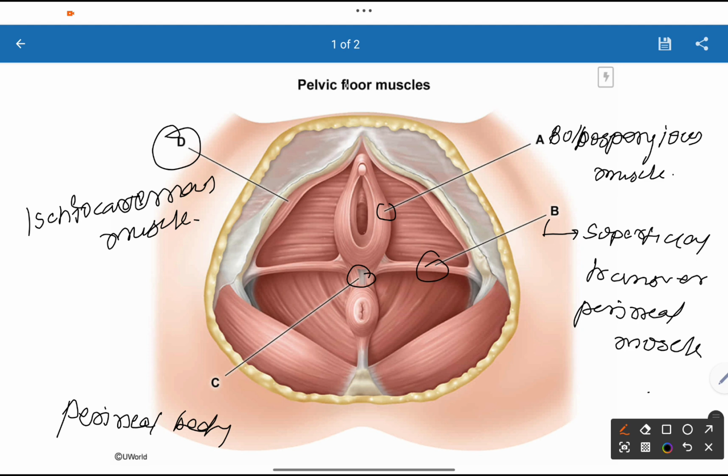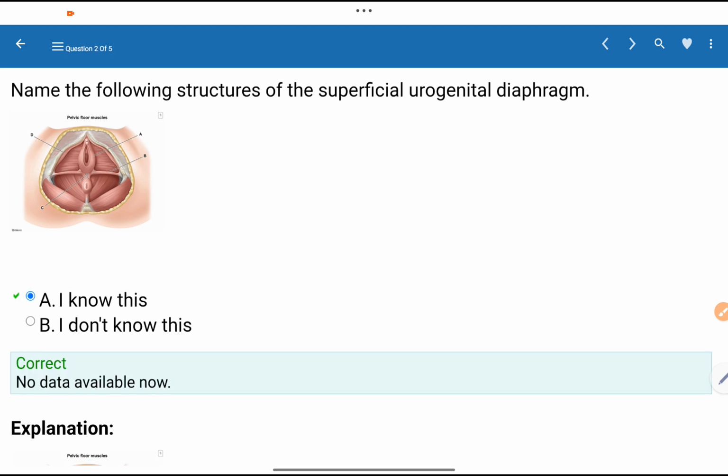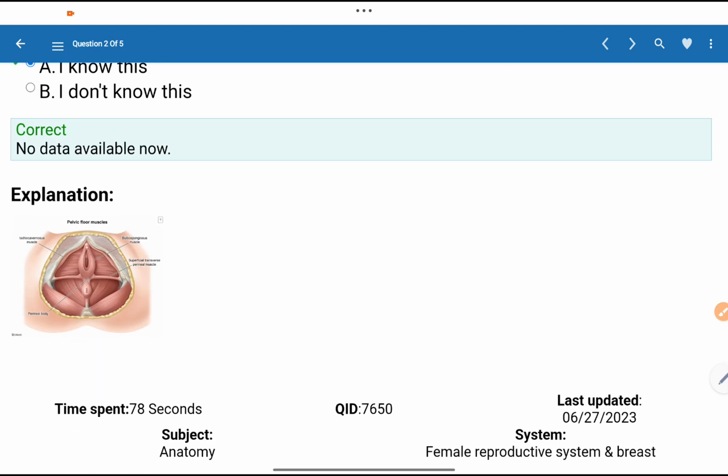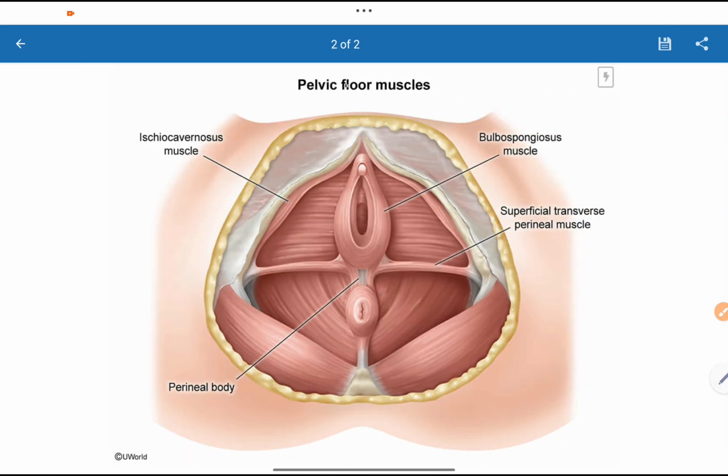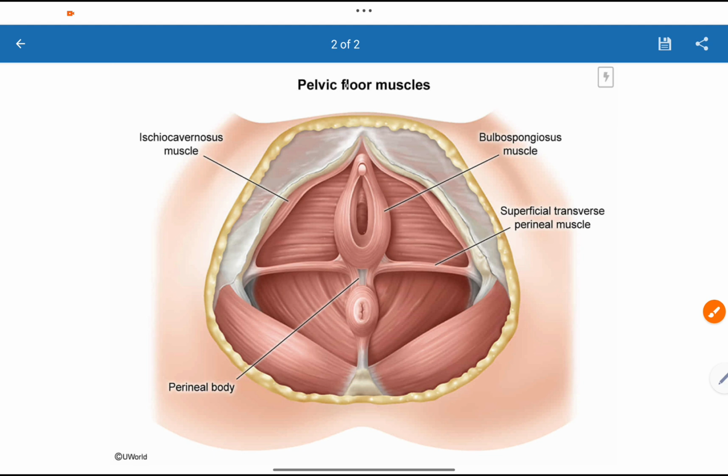Let's check it out. Since I know this, I'll click. This is correct, I think. My explanation coincides with the diagrams given in the flashcard. So obviously this is the ischiocavernosus muscle, this is the perineal body, this is the superficial transverse perineal muscle, and this one is the bulbospongiosus muscle. I'm correct.